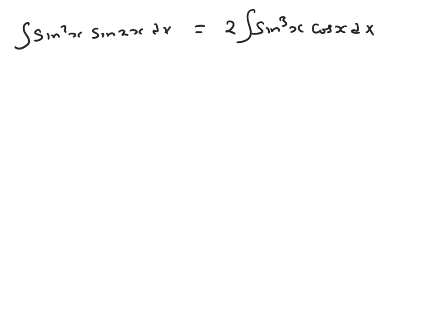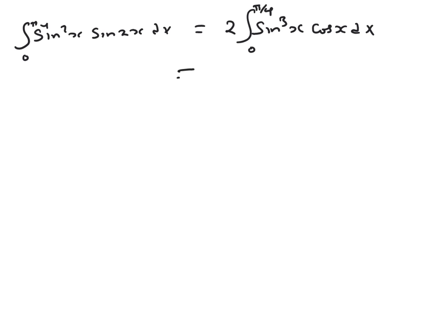So the integral of sine squared x sine 2x dx now becomes twice the integral of sine cubed x, then cos of x dx, from 0 to pi over 4.